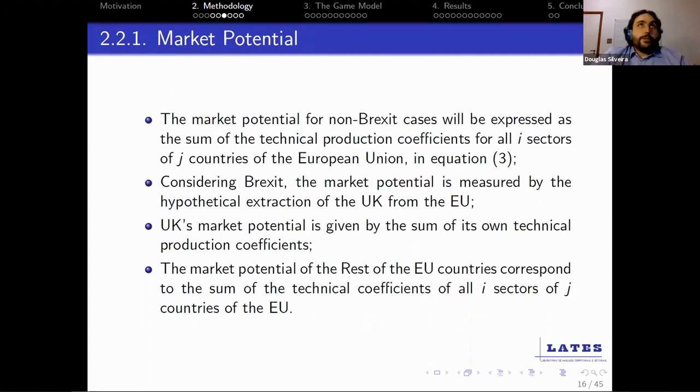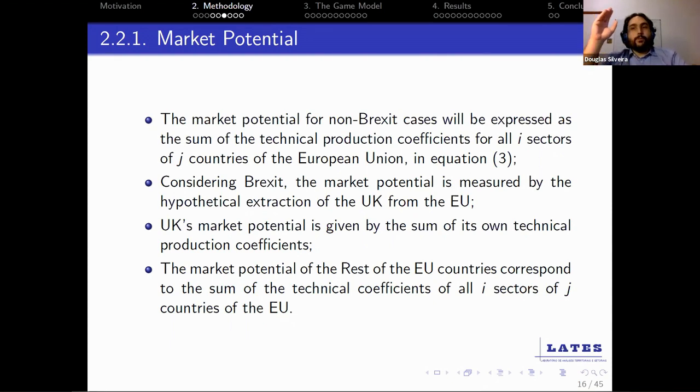And so we are evaluating four different sets of variables. I will start by describing market potential. The market potential for the non-Brexit cases is expressed as the sum of the technical production coefficients for all sectors of the countries of the European Union in equation 3. Then, considering Brexit, the market potential is measured by the hypothetical extraction of the UK from the European Union.